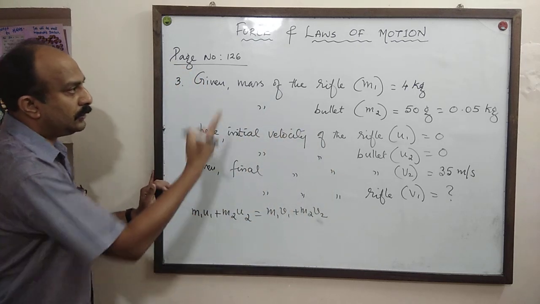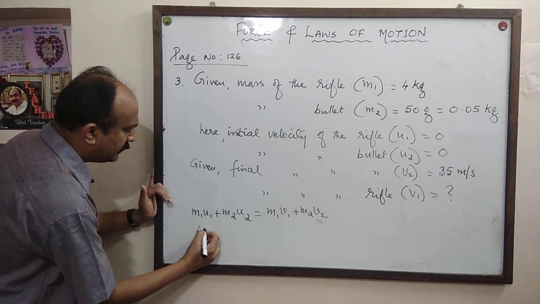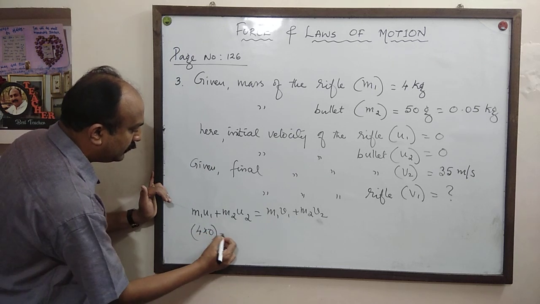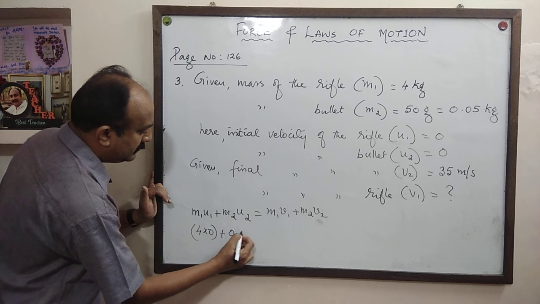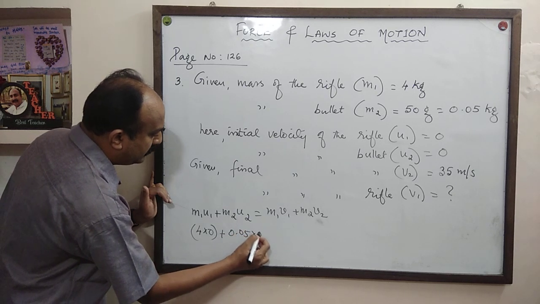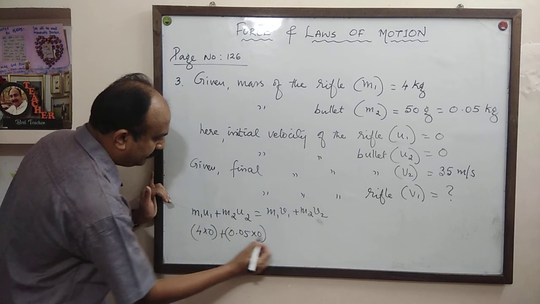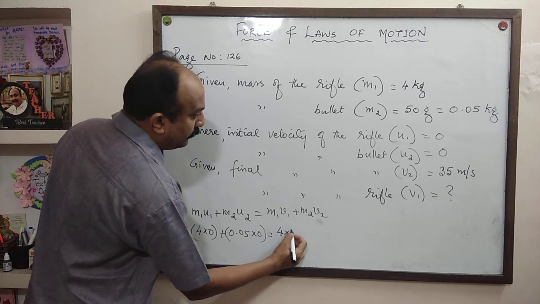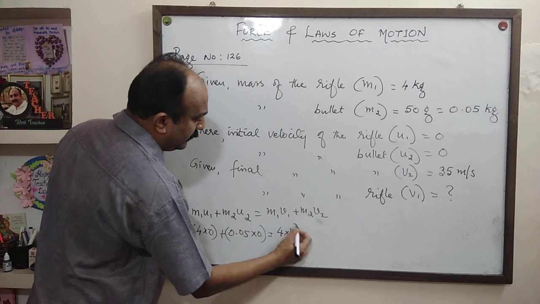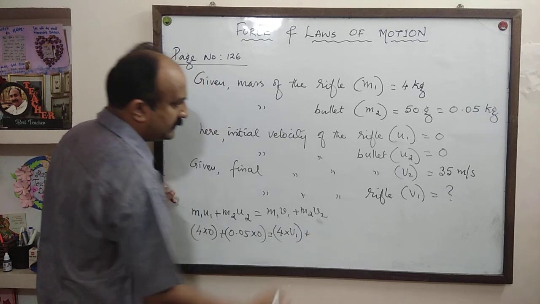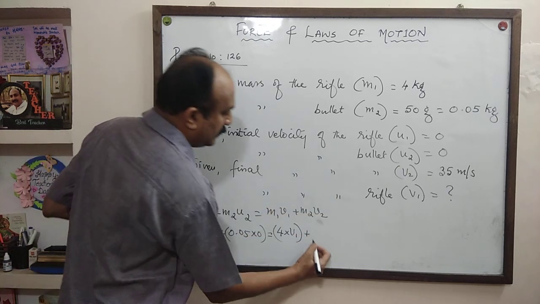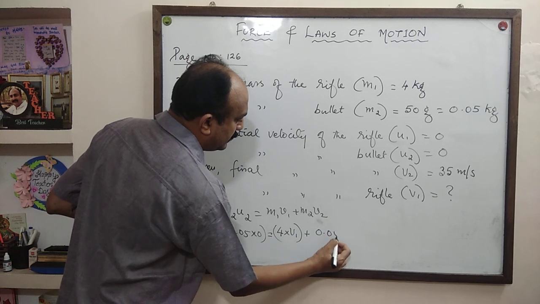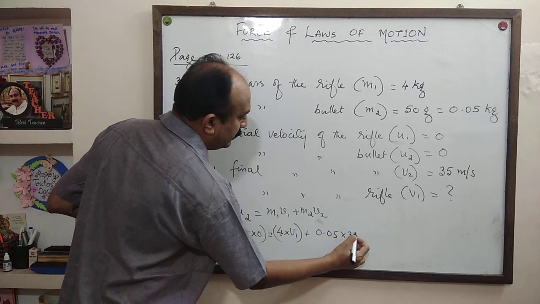Here U1 is 0, M1 is 4. So 4 into 0 plus 0.05 into 0 is equal to M1V1, 4 into V1, plus M2, 0.05 into 35.